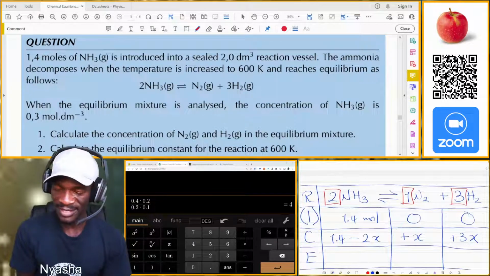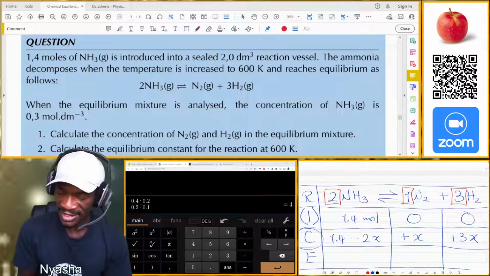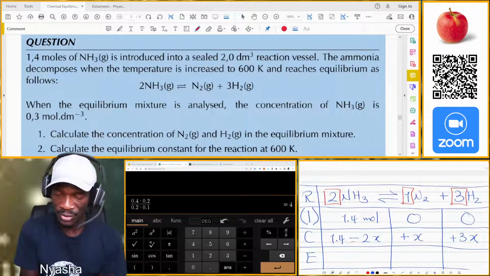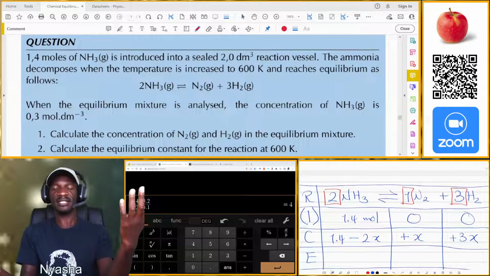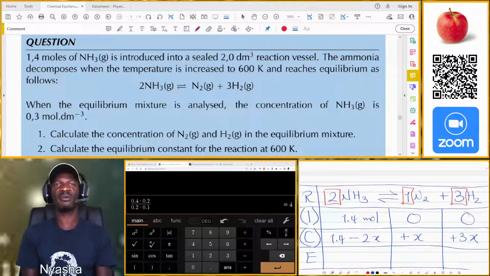Where did we get this equation? We are saying this is the change that is taking place. Initially there was 1.4 and it reduces, this is the reactant, by its stoichiometric equivalent, because we are still talking about the change in number of moles, right?